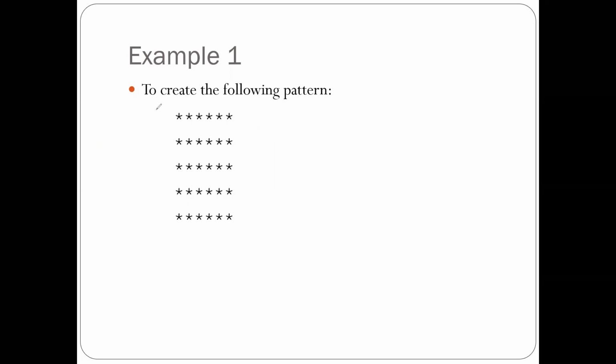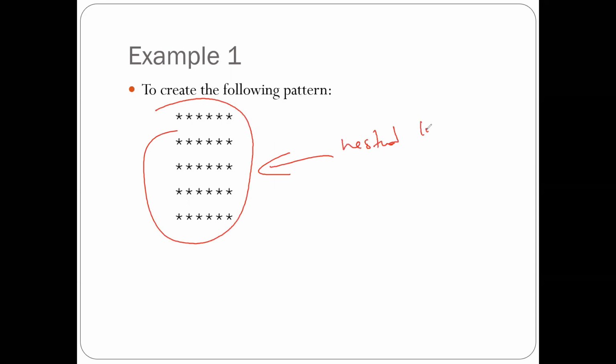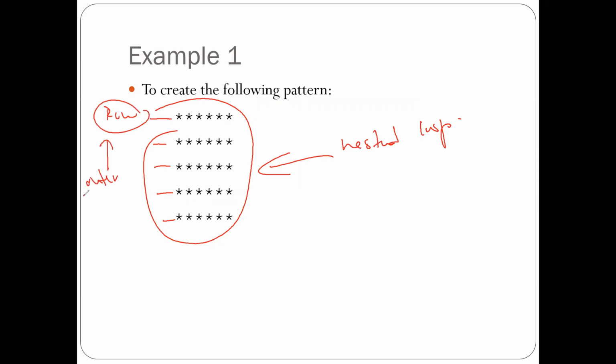So awak kena apply menggunakan nested loop. Okay, kalau you perasan kan dia macam berulang-ulang ni kan. And kat sini 1, 2, 3, 4, 5. Okay, selalunya row ini kita kenal dia sebagai outer loop. Kolom ini kita kenal dia sebagai inner loop.